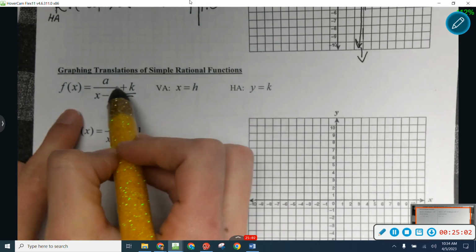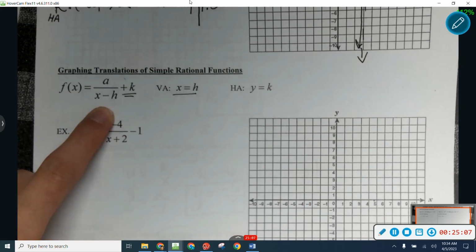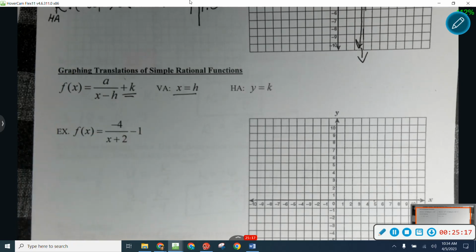So this is set up to tell you my vertical asymptote is x equals h. My horizontal asymptote is y equals whatever is tacked on at the end. Okay? If there is nothing tacked on at the end, it's 0. Okay? Because it's plus or minus 0. So you're going to have to know what it looks like and what do you do for your asymptotes based on what it looks like.